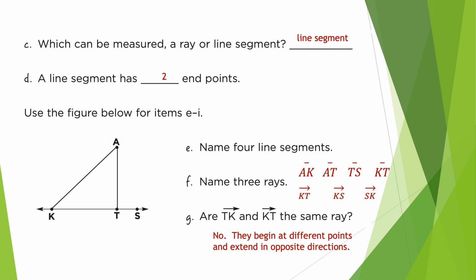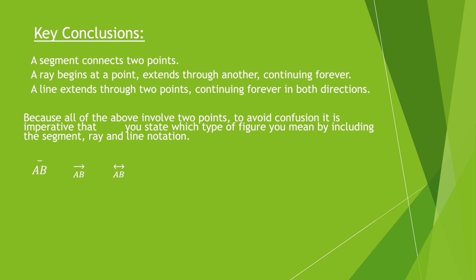Okay? All right, so what are some of the key conclusions here? A segment connects 2 points. A ray begins at a point and extends through another, continuing forever. A line extends through 2 points and it continues forever in both directions. Because all of the above involve 2 points, it's really important that we avoid confusion. It's imperative that you state which type of figure it is by including the notation.